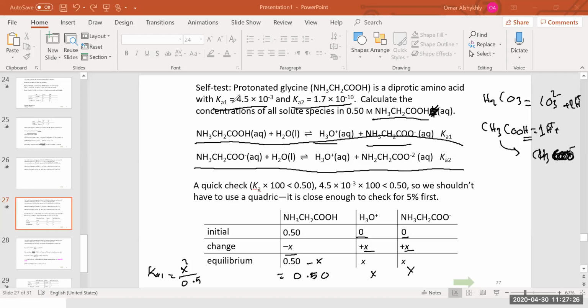We have the Ka1, so we can calculate the concentration of H3O positive and NH3CH2COO negative, because we need it for the second deprotonation. So we will do the math and calculate the x value.